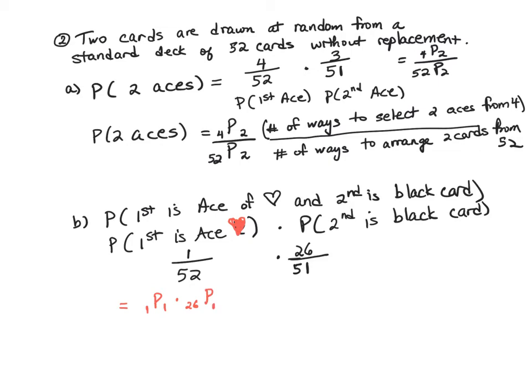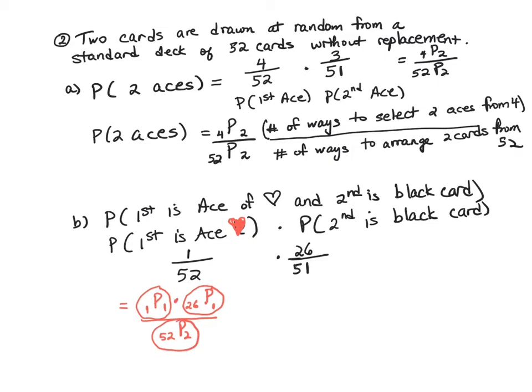Because we're picking 1 card, divided by the number of ways to pick 2 cards from 52, which is 52p2. So here, notice that this tells us how many ways we could pick the ace of hearts, and that's just 1. There's 1 way. This represents the number of ways to pick 1 card out of the 26 black remaining. And this represents the total number of ways to pick 2 cards from 52.